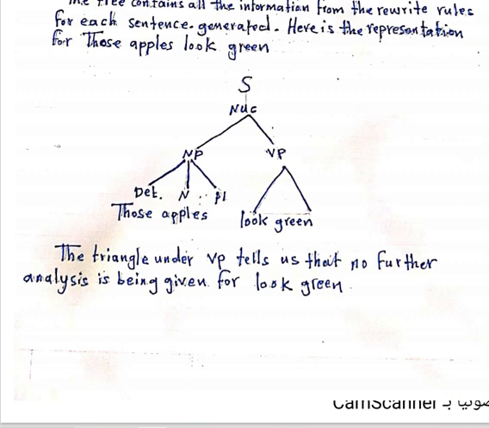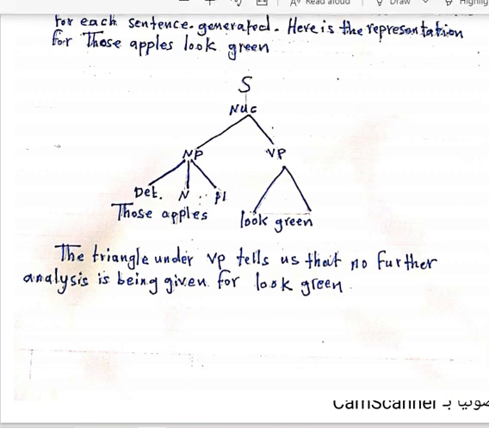Look green: verb phrase. The triangle under verb phrase tells us that no further analysis is being given. There is no analysis for the verb phrase in the second part of our sentence. For look green, just look green. Those apples look green.